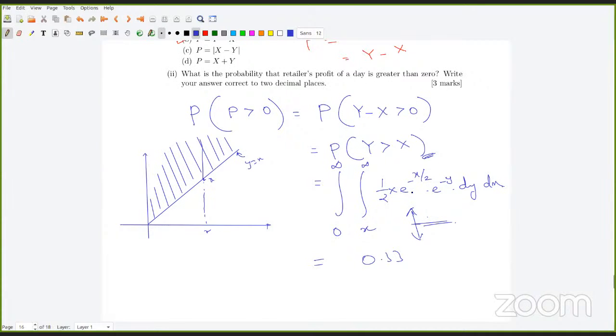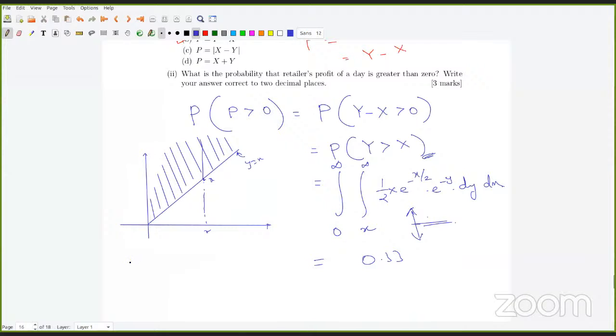Sir, if we take the limits of x from 0 to infinity and y from 0 to x, will that be wrong? Okay, you are right. There you are treating y as an independent variable.